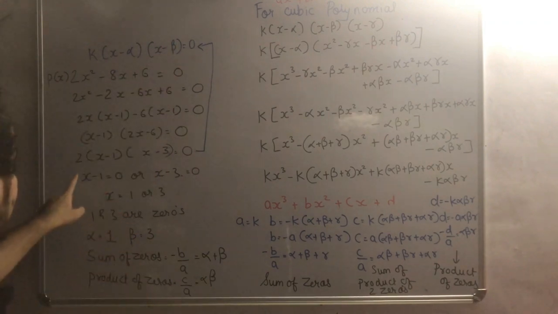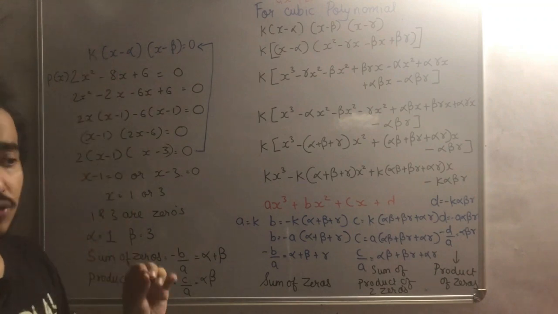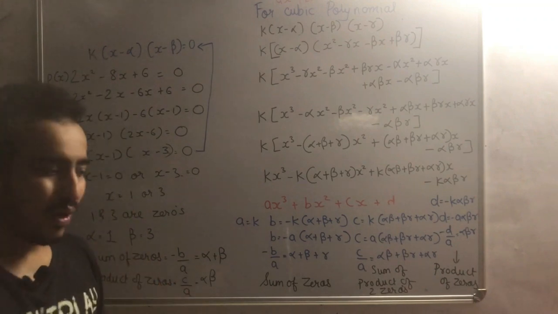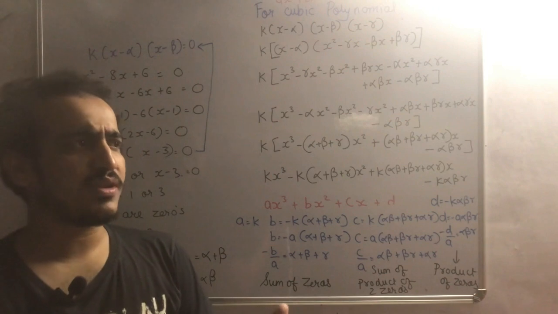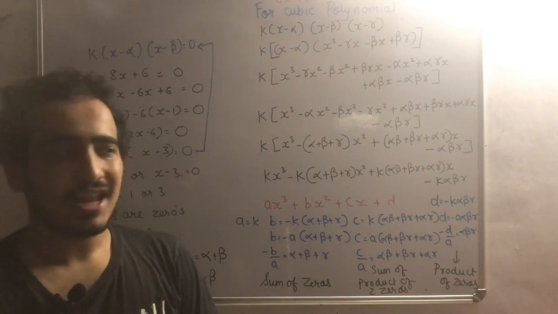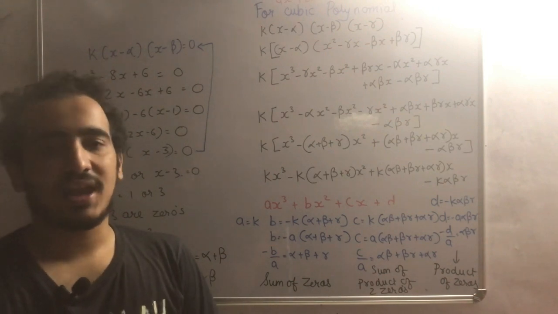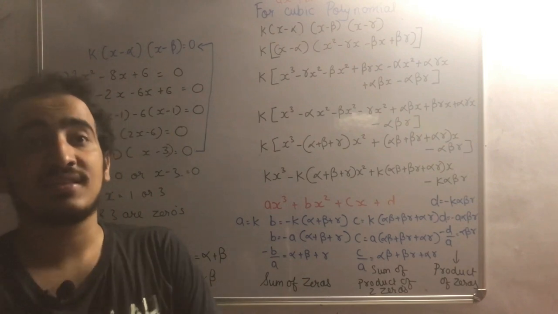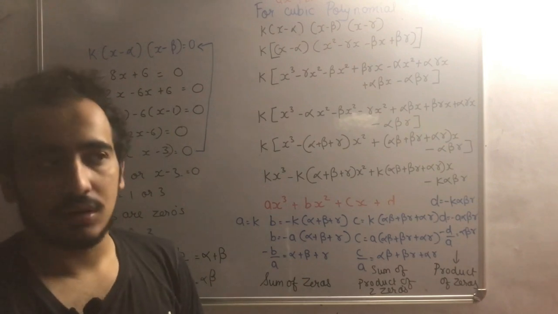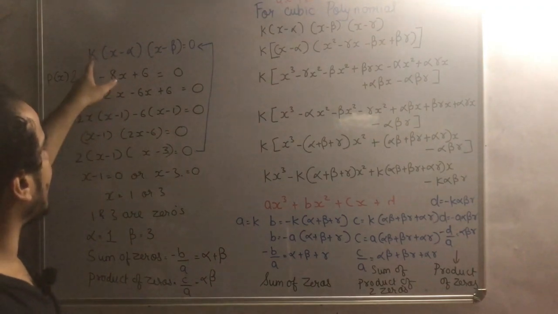Instead of 2, we suppose it is k. Why k? Because every time it will not be 2. It can be any number, 7, 8, minus 3, minus 4, 6, 9, so we suppose it as k.